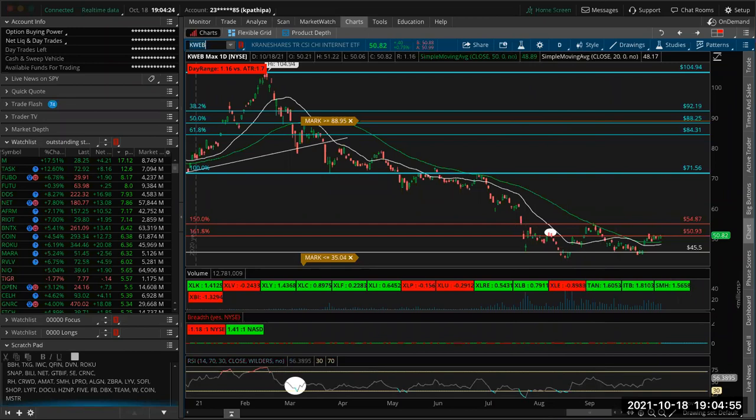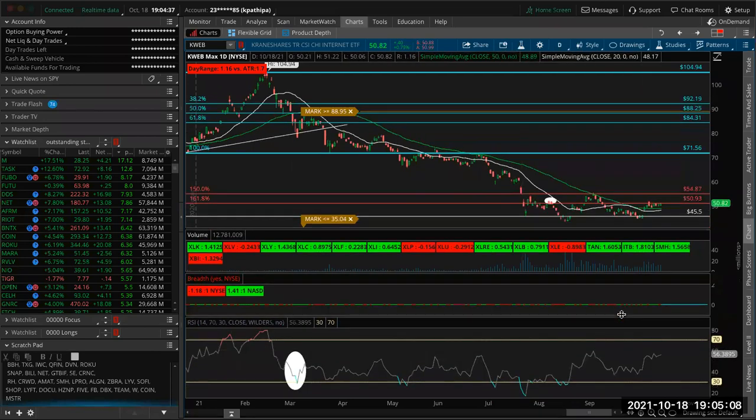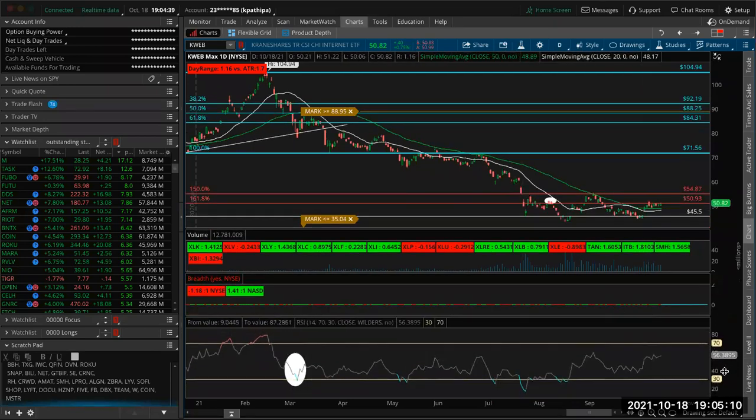RSI says for KWeb, not for Baba, but for KWeb, it looks like it's making higher highs. So that's a good sign. While the price was going down, this was going up.